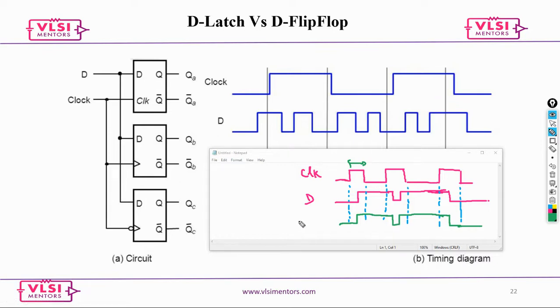So it's going to be Q latch. Can we quickly draw this for these particular waveforms?